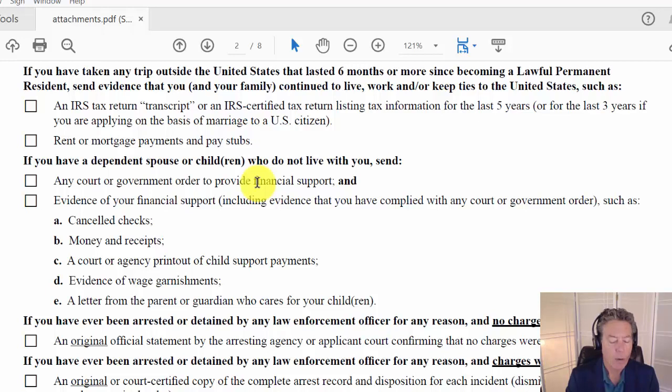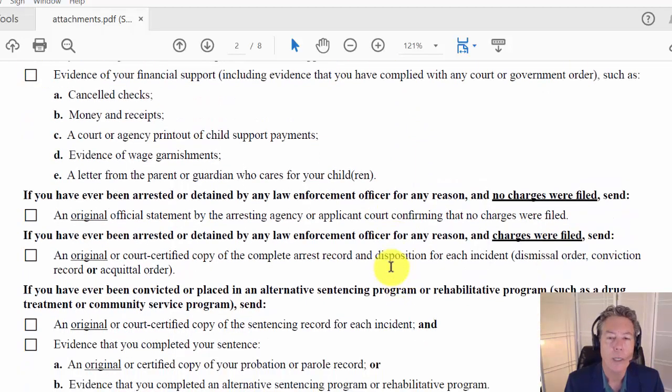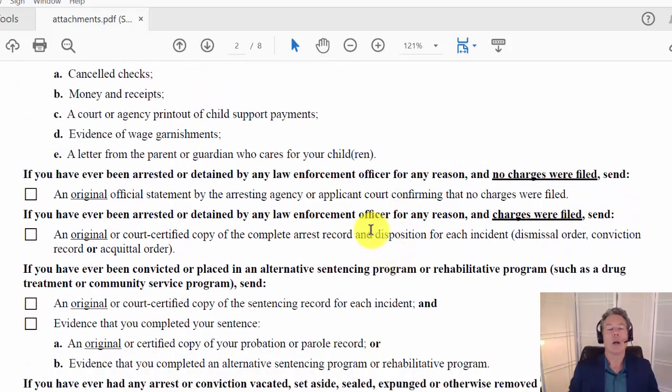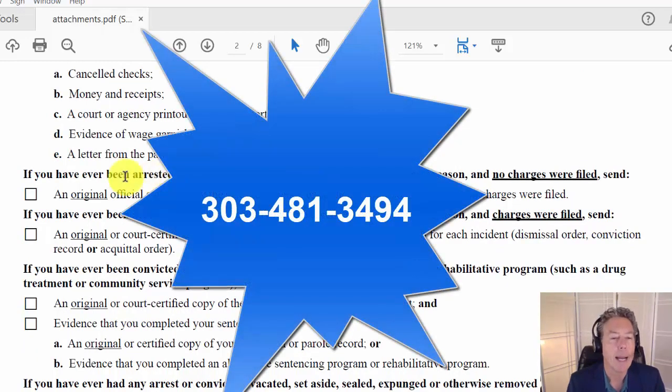So if you don't have proof that you've been paying your kids, maybe you've been doing it in cash or whatever, then you're going to need to talk to someone about getting that evidence up, because this is going to be a basis for them to refuse you citizenship. So if you've got issues or questions around this, you should come in and go for at least a 15-minute consultation with us. And you can talk to an attorney for 15 minutes and figure this out.